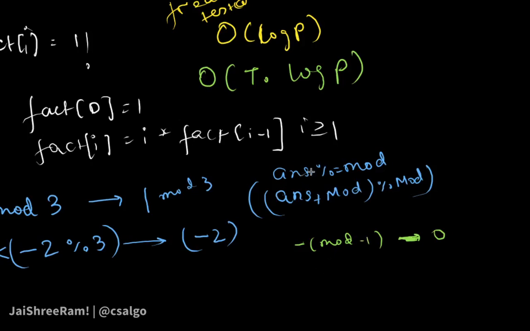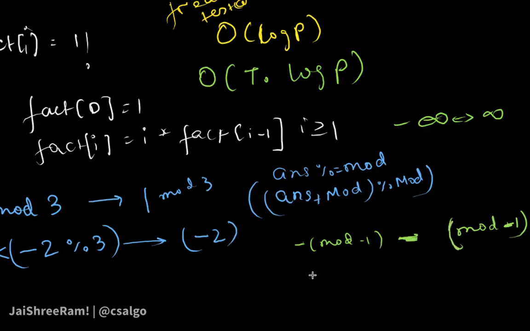Let's say the answer lies from minus infinity to infinity. If you take a mod, it will lie from minus mod minus 1 to positive mod minus 1. This is the only possible range that the value can reside in.